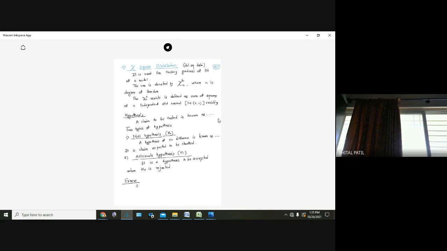So since the decision of acceptance or rejection of H naught is based on sampling. What type of sample we are taking depends upon that.